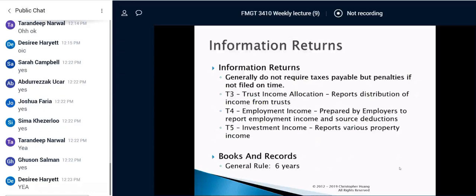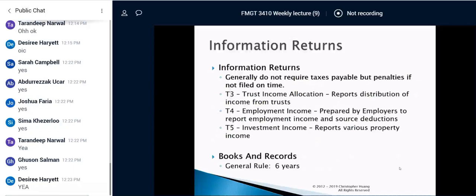T4s, like the slips that you get for preparing your tax returns, are information returns because that's information that the employers report to government. Again, T5s, slips that you get, say you have investments in a company and they pay you a dividend, or you have investments in a mutual fund and you get a mix of interest, capital gains, and dividends. These are information returns that companies or mutual fund companies have to file.